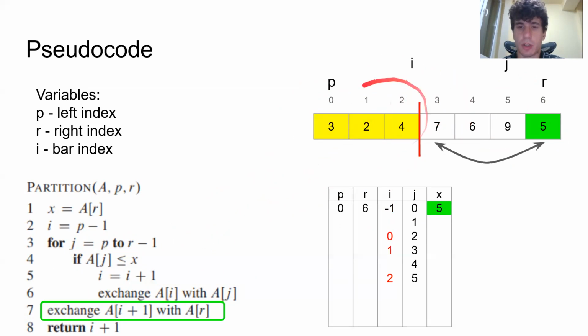And we go and go and go on until we reach the last element. And at that point, we exchange the first element after the bar. So if the bar is at position 2, we exchange the pivot with position 3.